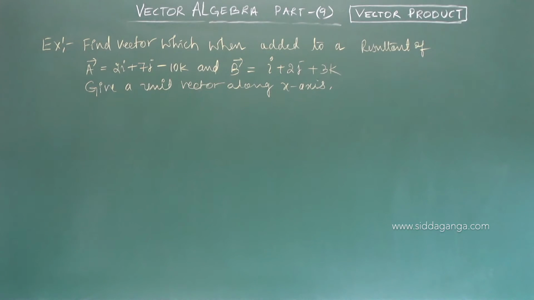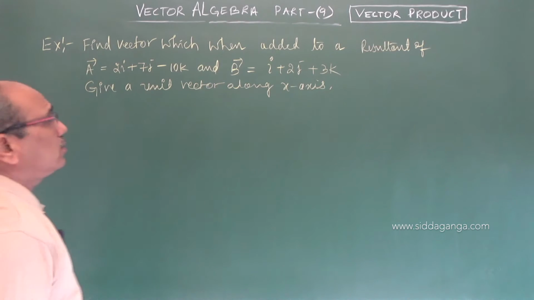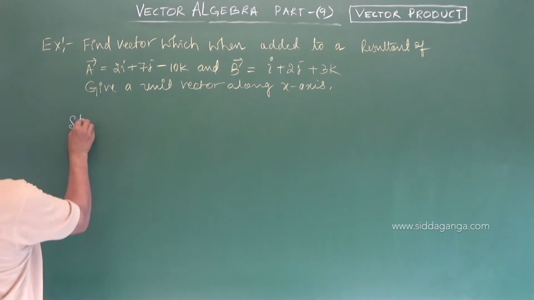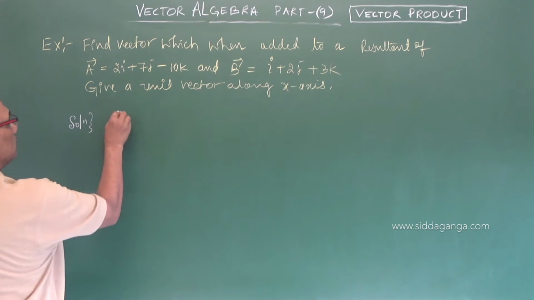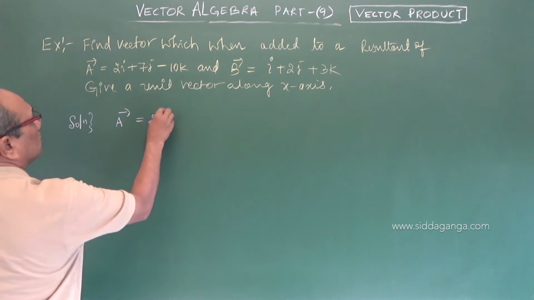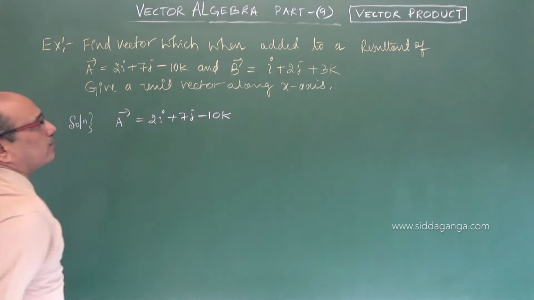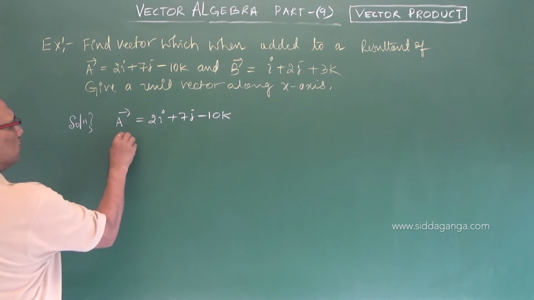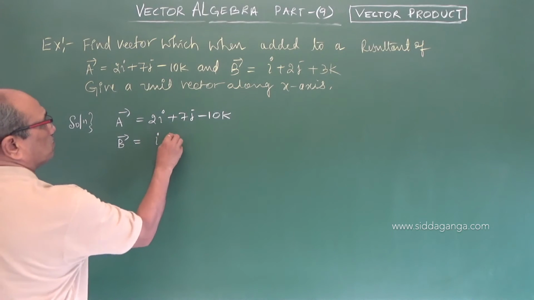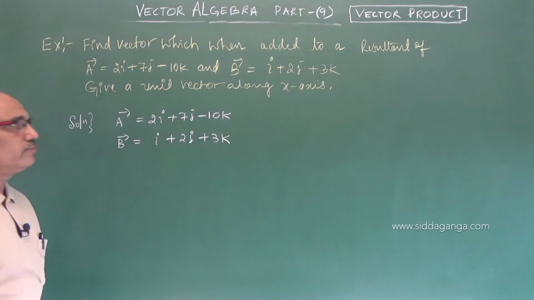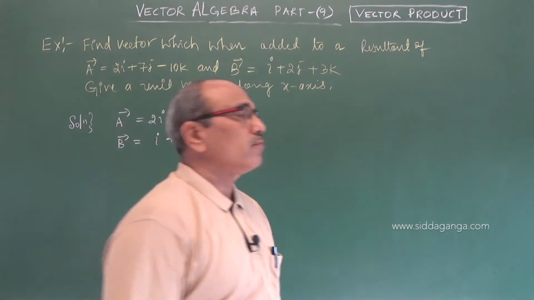Now see the question in this. You are given the two vectors A and B. Let's first write this. Vector A given is 2i plus 7j minus 10k. Vector B given is i plus 2j plus 3k. You have two vectors.